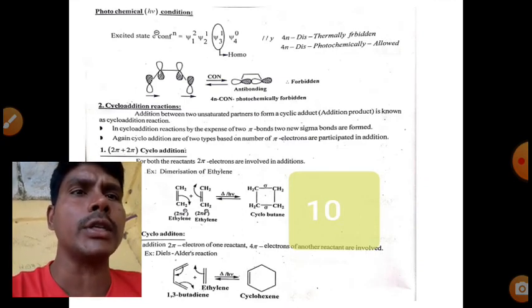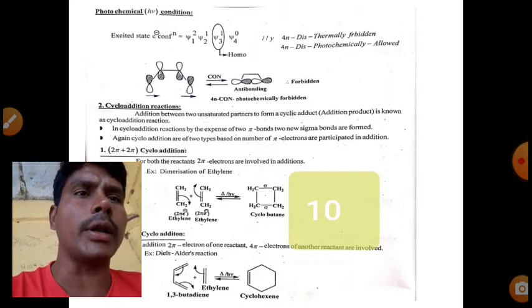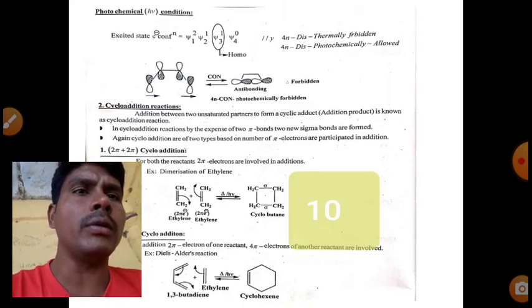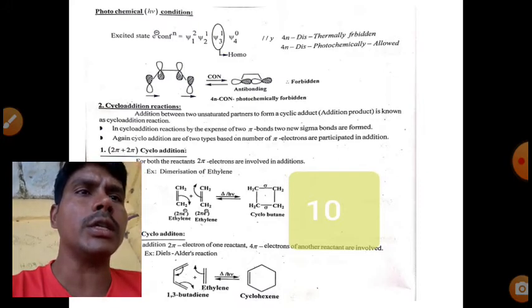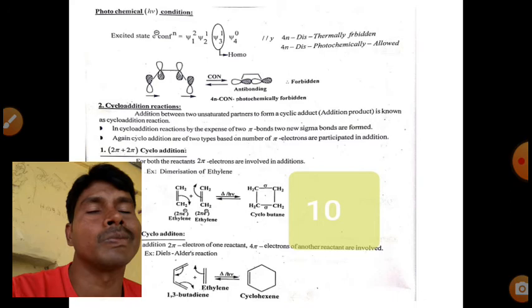Conrotation is anti-bonding, not allowed, photochemically, while conrotation is thermally allowed.